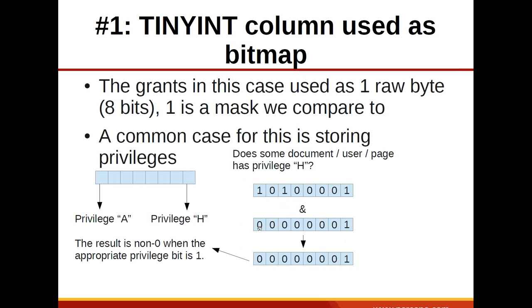If we do a bitwise AND on the user's or document's privileges and the number 1, we get 1 if the user or document has privilege H, or we will have 0 as a result if it doesn't have privilege H. So this is only checking a privilege. What is the solution here?